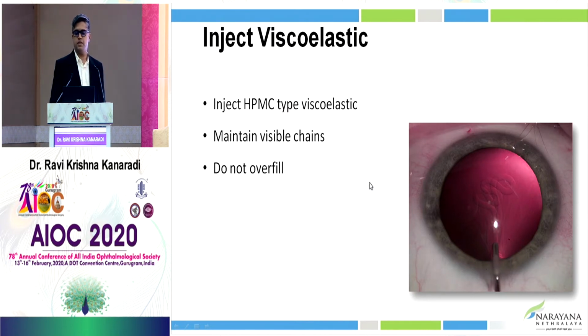Then HPMC, we are supposed to inject, not other visco like sodium hyaluronate. And you should not overfill the chamber. If you overfill the chamber, the pupil will become much more dilated and you will have difficulty in putting the ICL behind the iris.